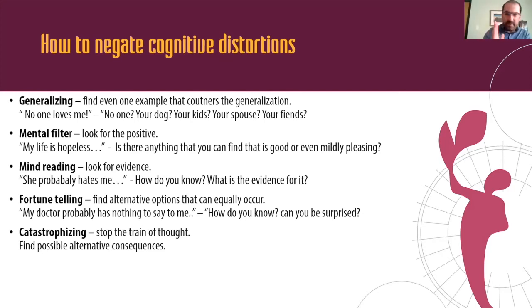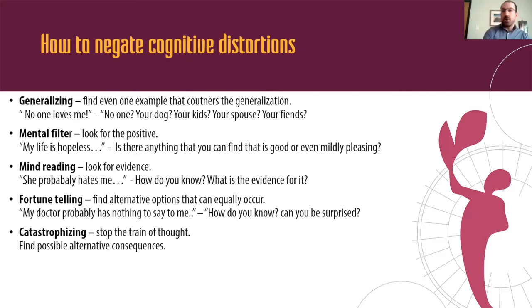No one, not even my dog, my kids, my spouse, my friends, my neighbor, someone? Even if we find one example, that negates the generalization because it's no longer everyone or all the time.